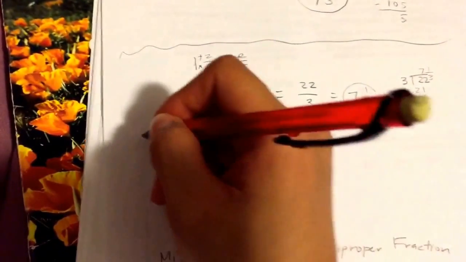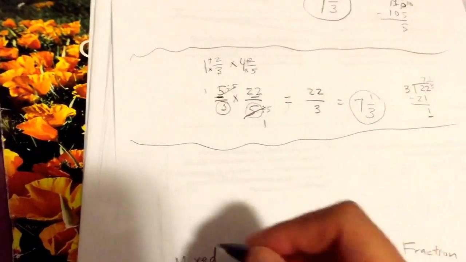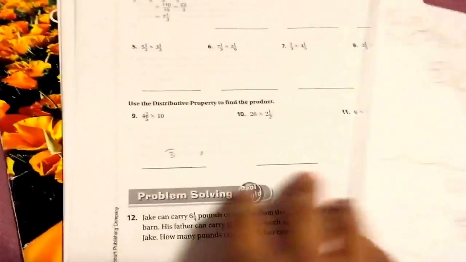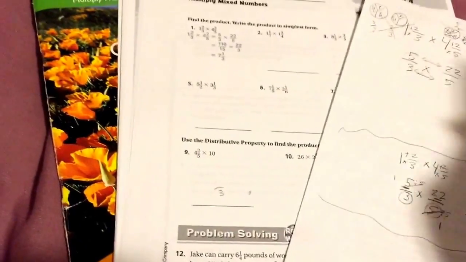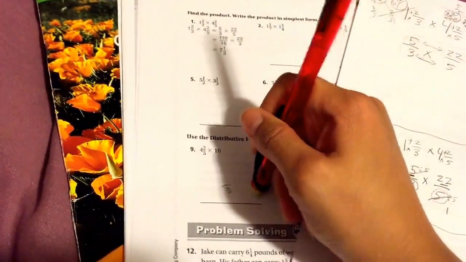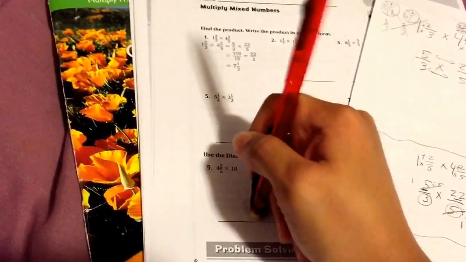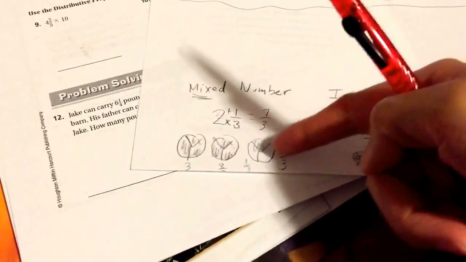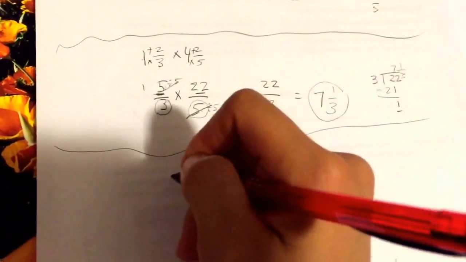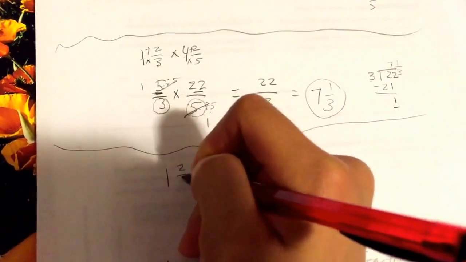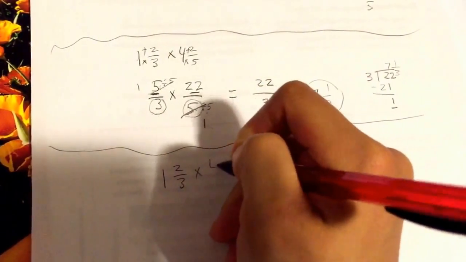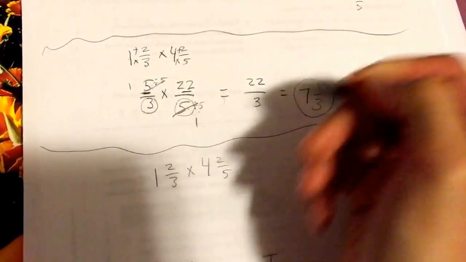The last method is the distributive property, which no matter what you're going to have to do in the second part, once you get to numbers 9, 10, and 11. This is the step that you're going to have to take, whether you want to or not. Sorry. So, the last one is 1 2/3 times 4 2/5.